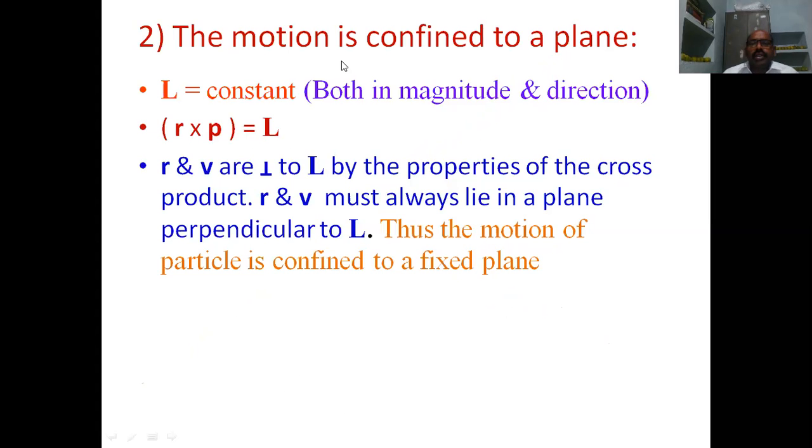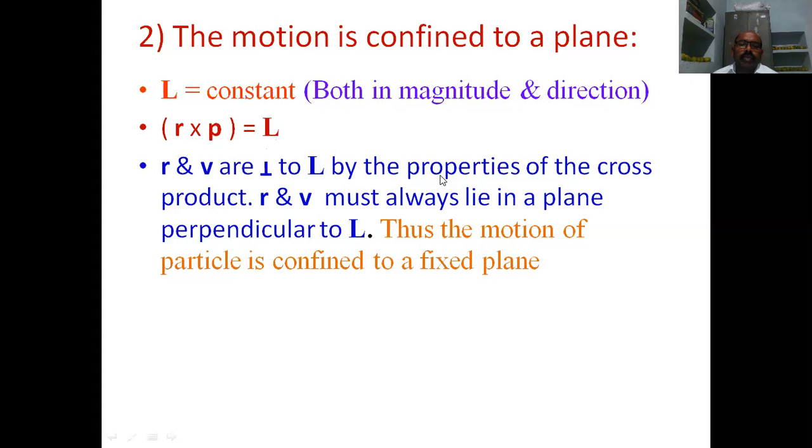Now the motion is confined to a plane. That means the motion of a particle under central force is confined to a plane. In the earlier proof, we have seen that L is constant, both in magnitude and direction. But regarding L is equal to R cross P, it is the vector product of two vectors.